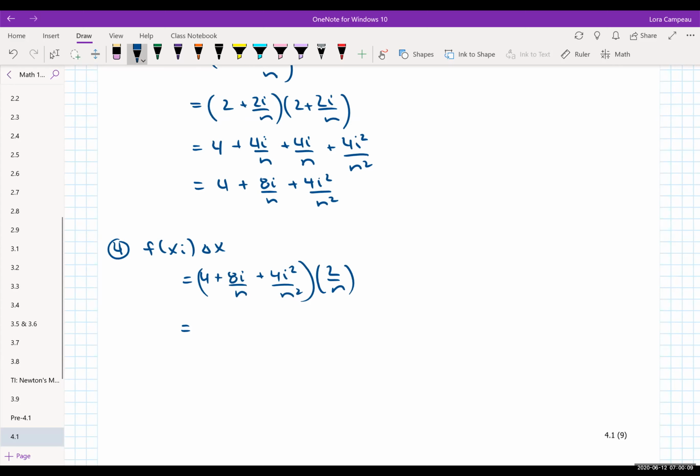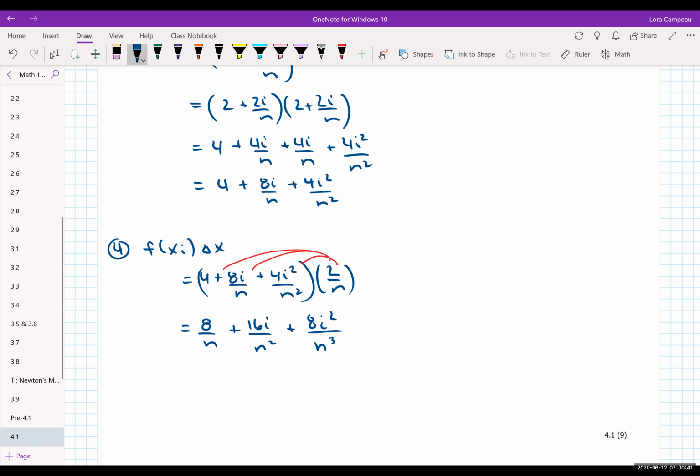Let's distribute in. So 4 times 2 over n is 8 over n. 8i times 2 over n is 16i over n squared. And 4i squared over n squared times 2 over n, we're going to have ourselves an 8i squared over n cubed.